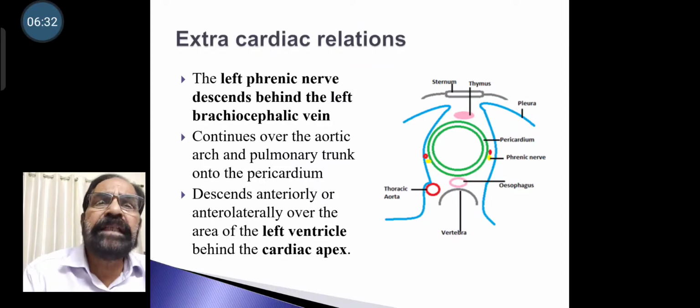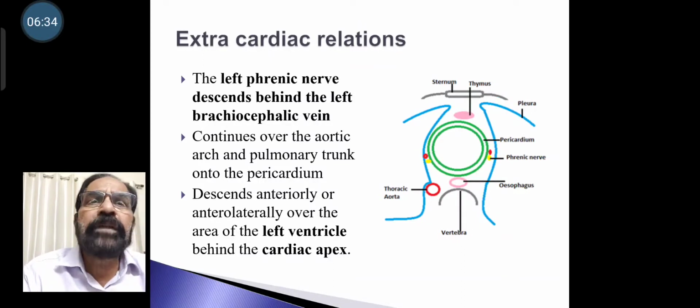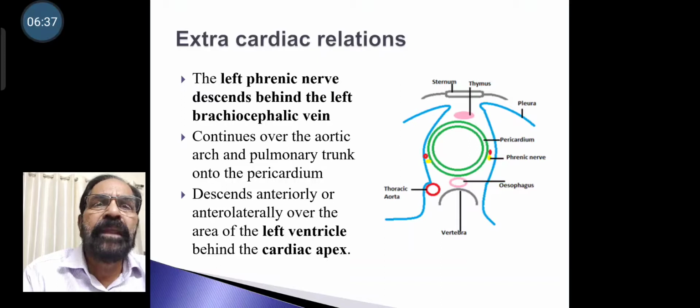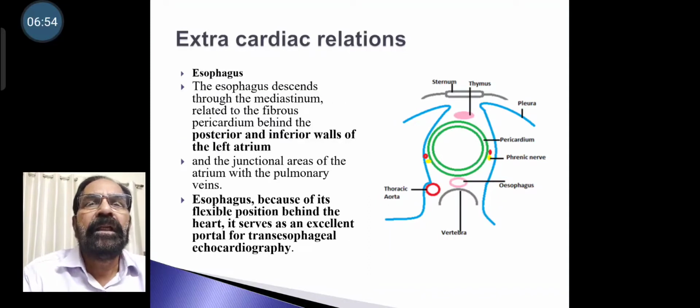Left phrenic nerve descends behind the left brachiocephalic vein, continues over the arch of aorta, pulmonary trunk, onto the pericardium, descends anteriorly or anterolaterally over the area of left ventricle behind the cardiac apex. Esophagus.